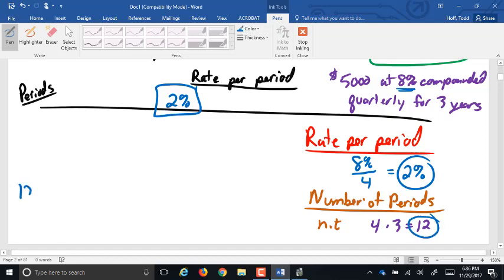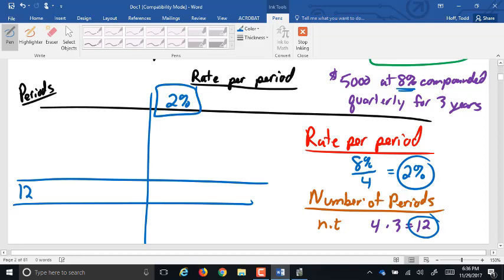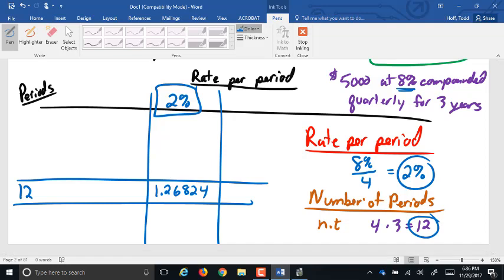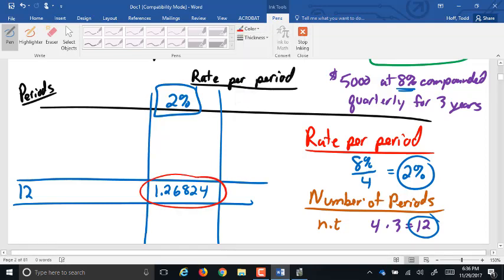So on the left side of the table, we're looking at 12 periods. We're going to trace them until they come together. 2% and 12 periods give us 1.26824, correct? Any questions on where I got that 1.26824?